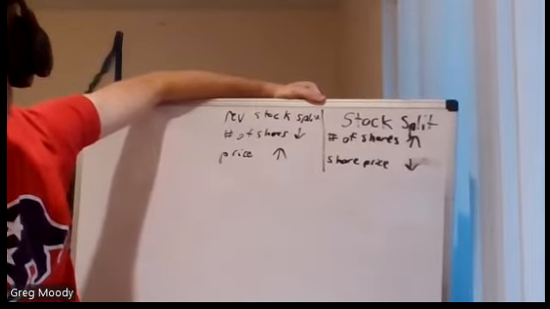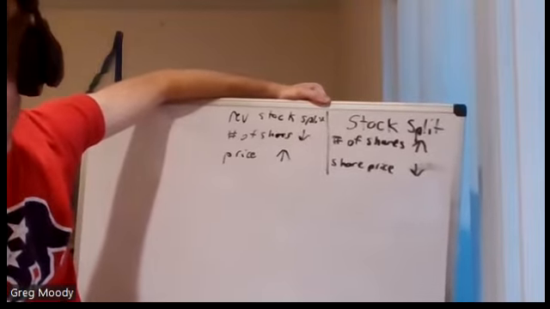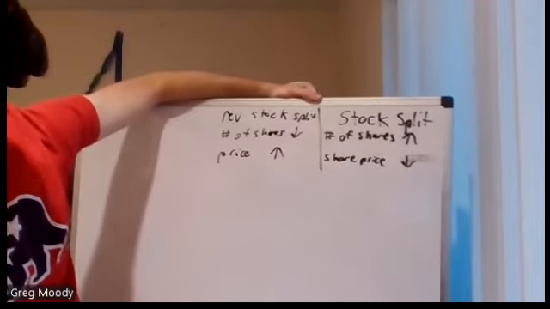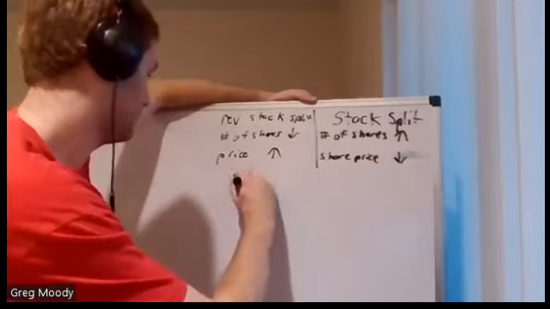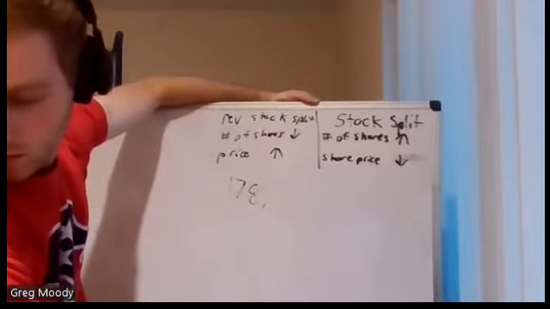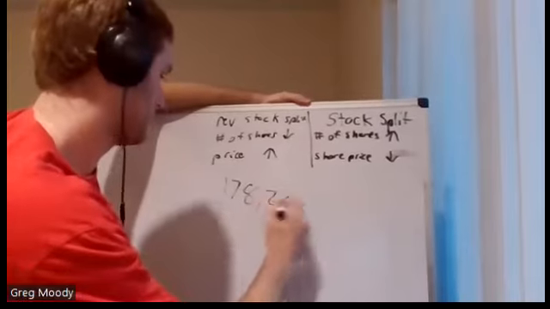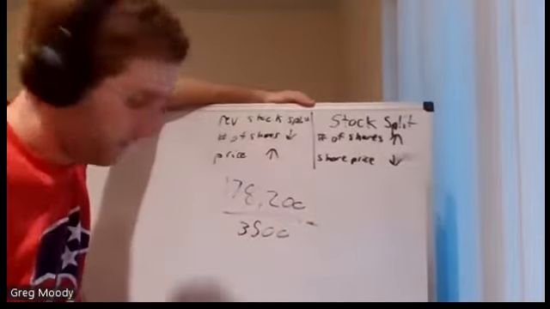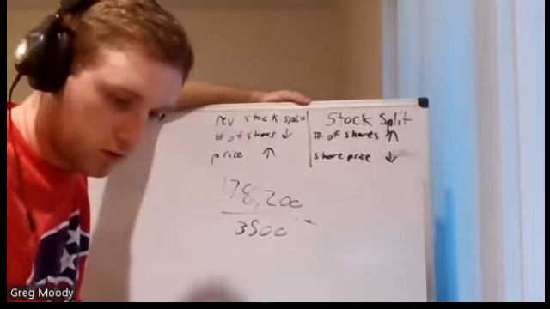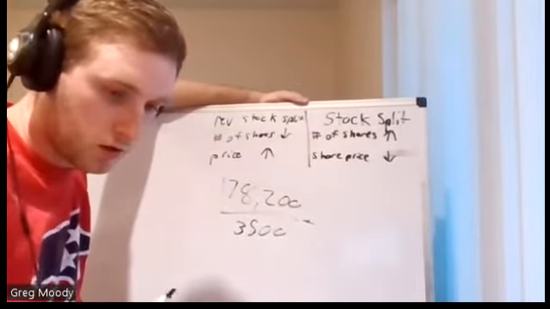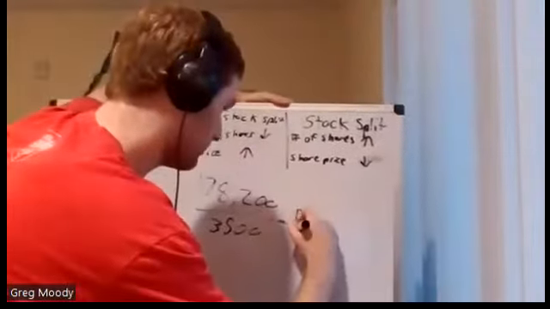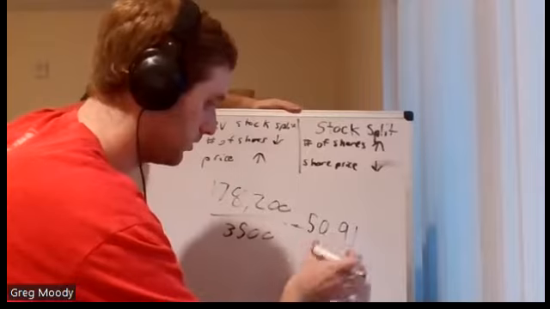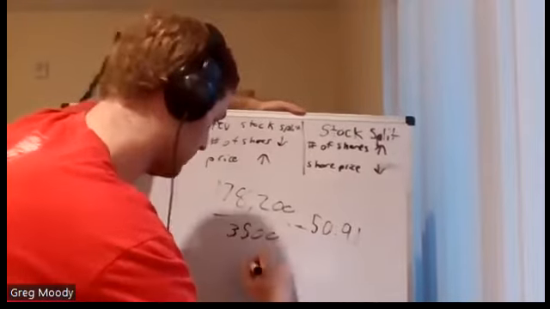So first, we have to find our current market price per share. To do that, we would do 178,200 divided by our number of shares, 3,500. That gives us 50.91. This is our current market price per share.